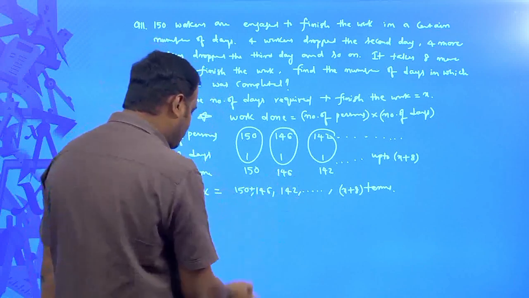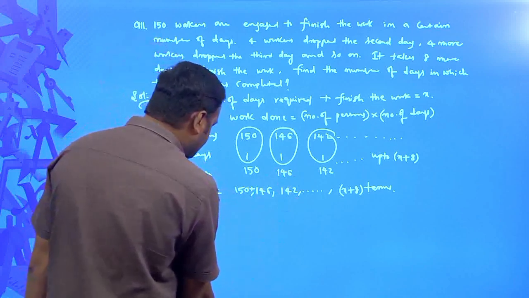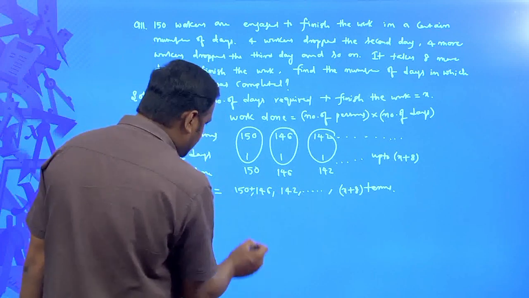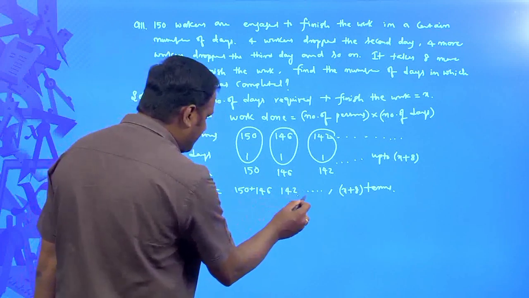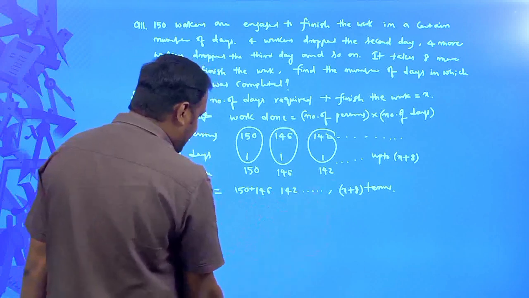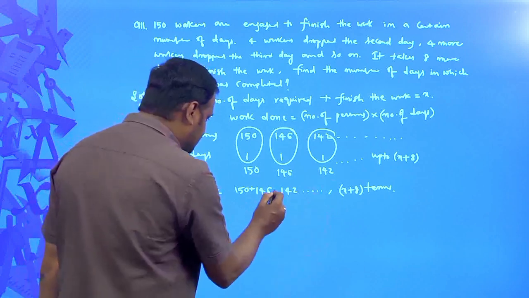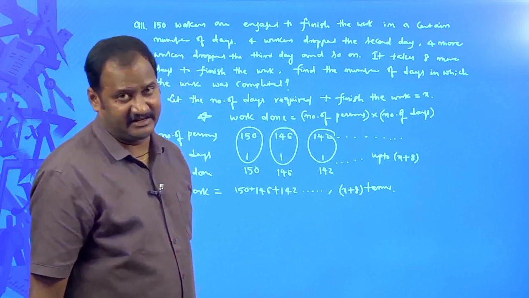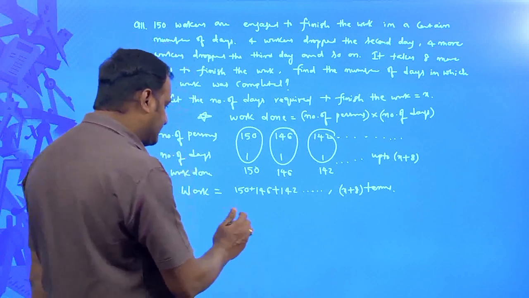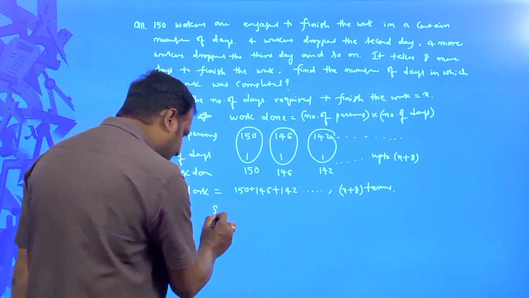That is why I have to add all these pieces of work. How many terms are there? X plus 8 terms. So, I am going to find out the sum of x plus 8 terms.